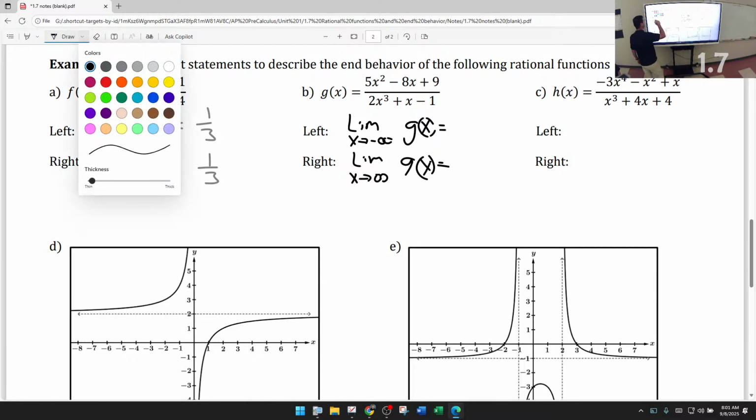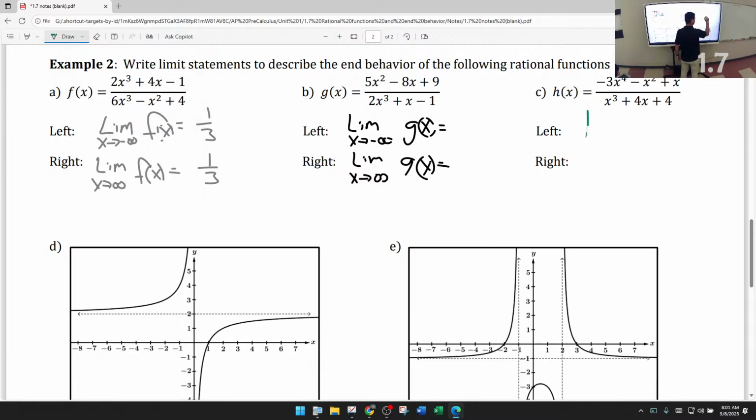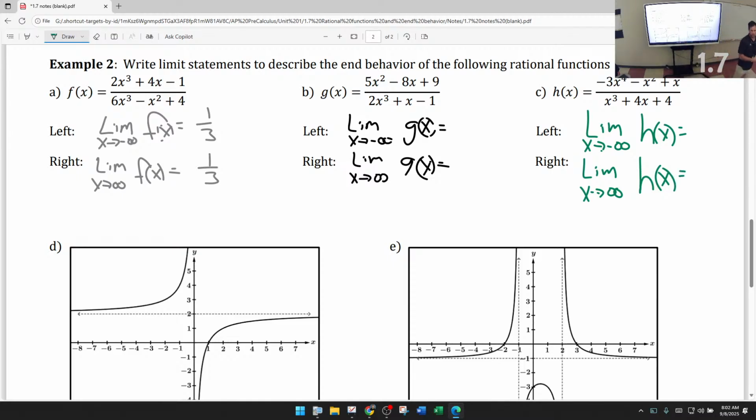I'm going to go ahead and just do all this. Right? Limit x goes to negative infinity, h of x, limit x goes to positive infinity, h of x. Don't put equals after the limit.